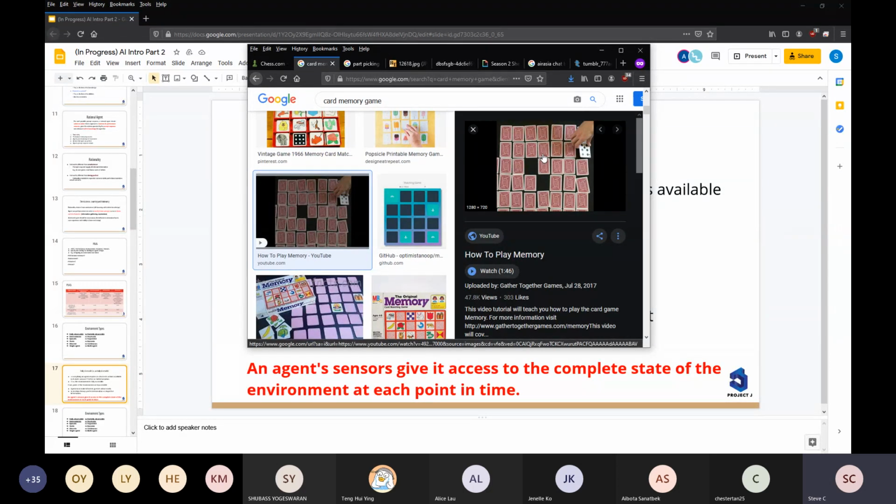So the information is incomplete to the agent. To gain information, the agent has to play the game, flip the cards one by one to gain more information, and then determine its next course of action. Hence, we will call this a partially observable environment.